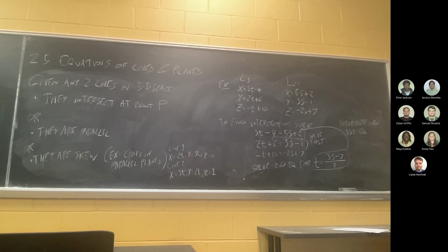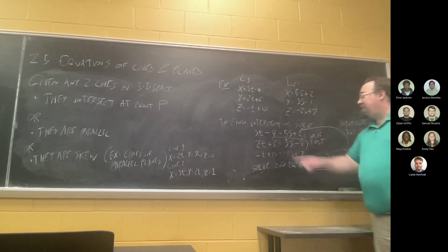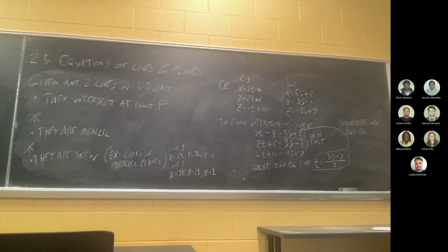Now, this is an arbitrary choice on my part. I could have gone the other way: I could have chosen the first equation, solved that for t and substituted into the second one, or I could have solved for s in terms of t. It doesn't matter, it works out either way. So once I substitute this into the first equation, there's no more t, and I have one equation that I can solve for s.